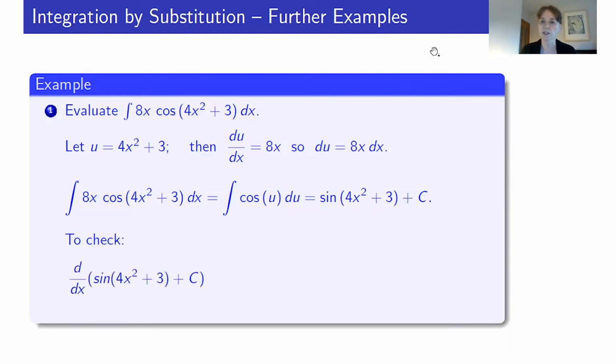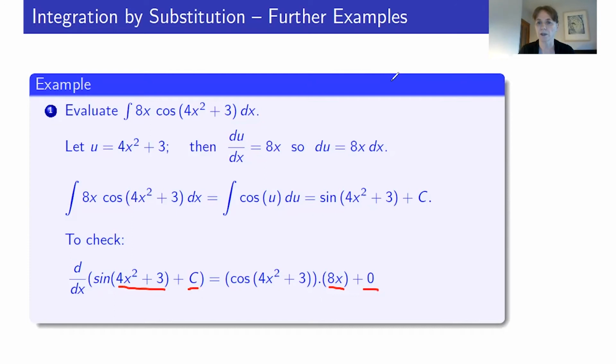Now, you can always check your answer by reversing the process, differentiating. If we take our answer, sine of 4x squared plus 3 plus a constant, and differentiate it, we need to use the chain rule, but we see that we get cos of 4x squared plus 3 multiplied by the derivative of the inner function, the derivative of 4x squared plus 3, which is 8x, and then the derivative of the constant is 0.